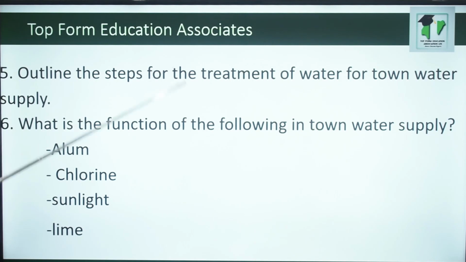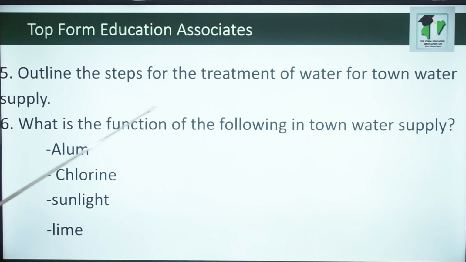When you are outlining the steps, please take care to mention them sequentially, meaning that aeration and sedimentation will come first, followed by coagulation, followed by filtration, followed by chlorination, fluorination, and iodination. After chlorination, iodination, and fluorination, you adjust the pH before you finally distribute.